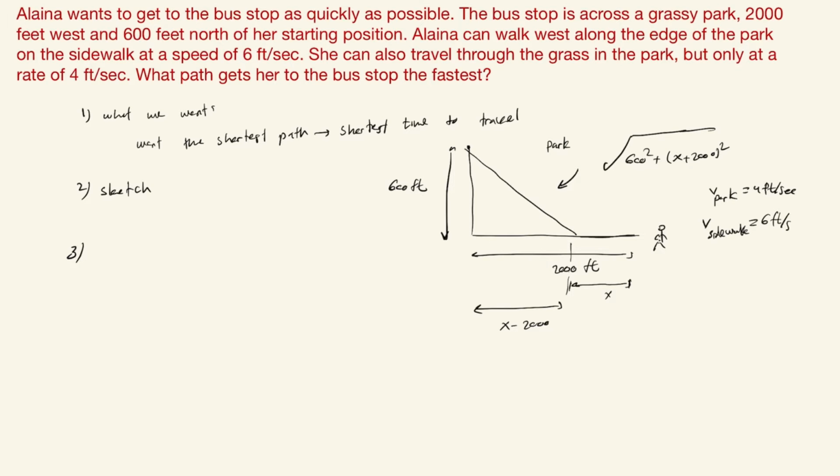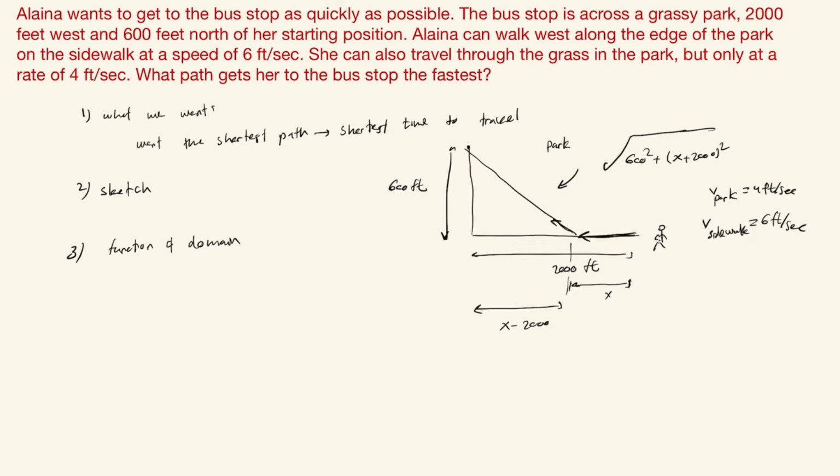So now after we sketch the problem, we move to step number 3. Step number 3 is to form a function of the problem and then identify our domain or interval.